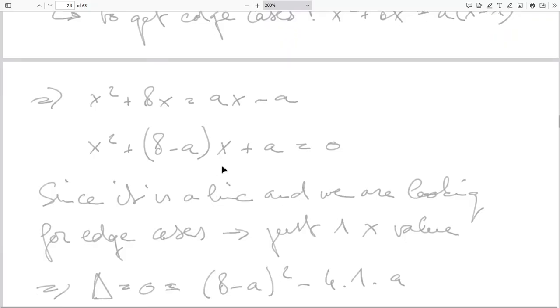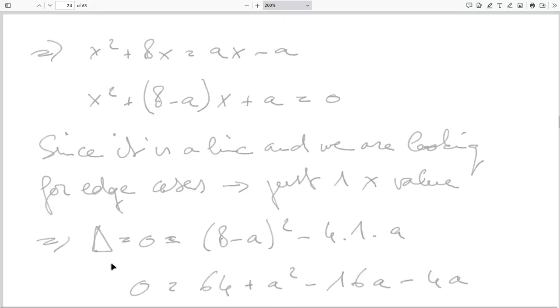Since it's a line and we're looking for edge cases, we just want one x value. That means the discriminant must be 0, so b squared minus 4ac. So b squared is (8 minus a) squared, and then minus 4 times 1 times a.